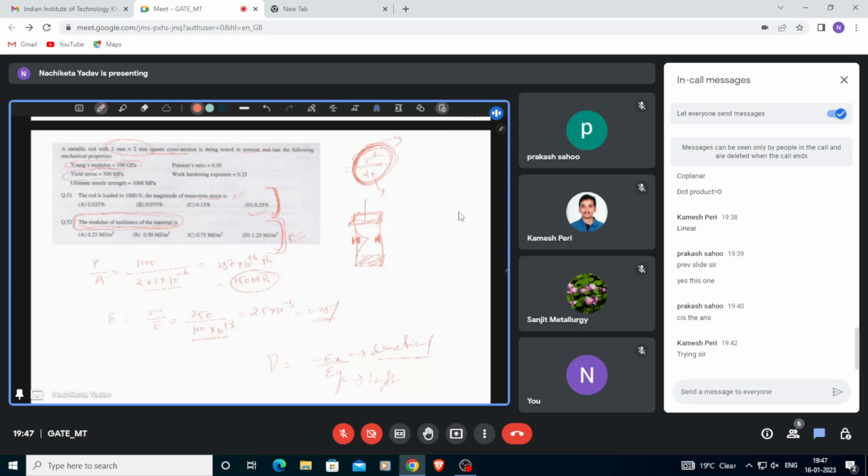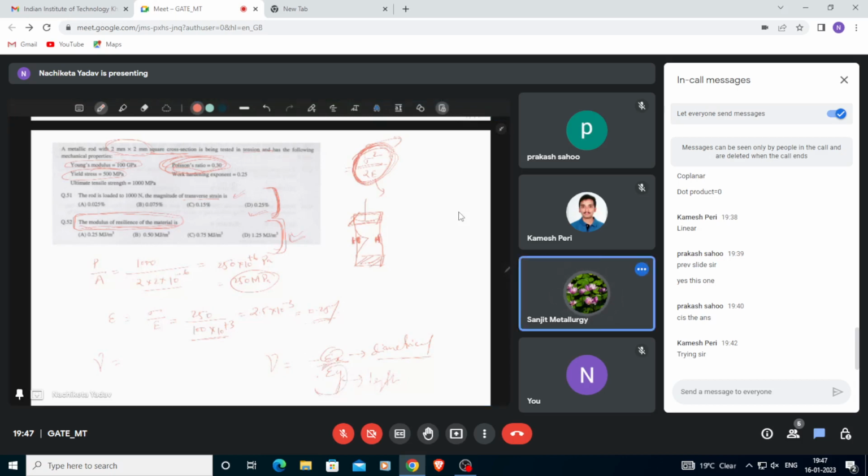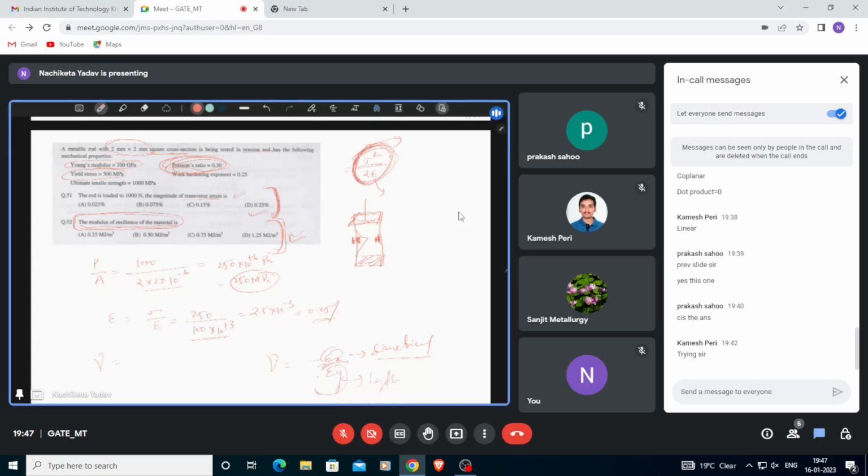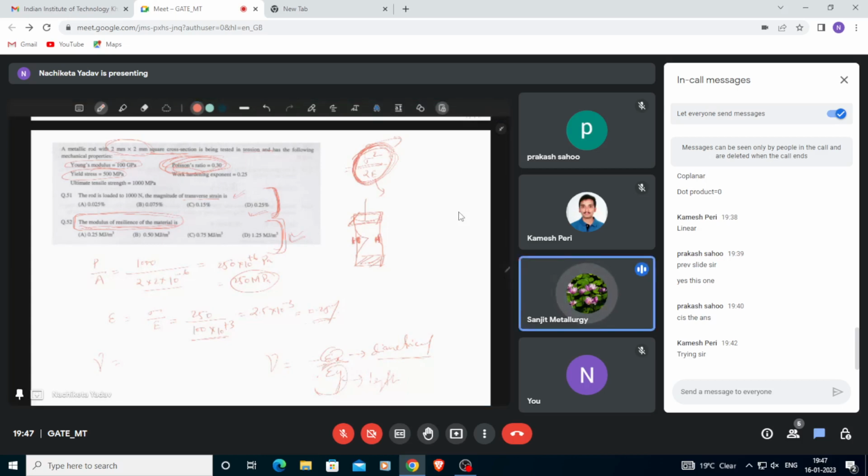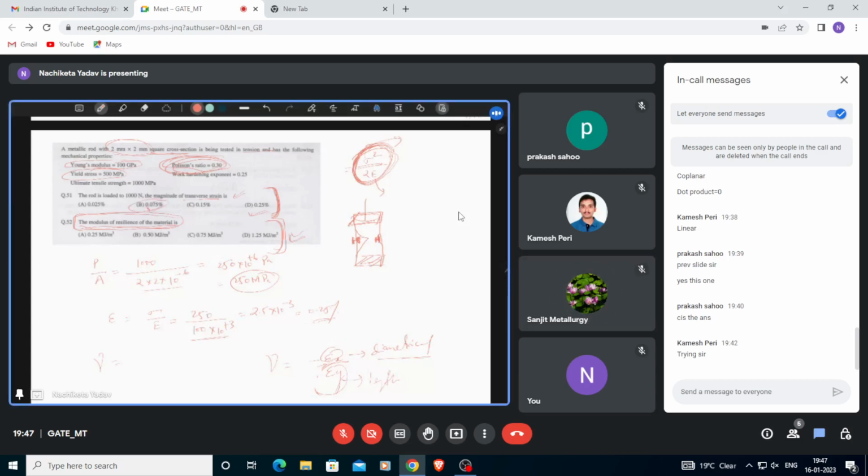Poisson ratio is given, it is 0.3. Poisson ratio means it is strain x by strain y, if I remember correctly. So what value are you getting for transverse? Okay. So this one is the right one.